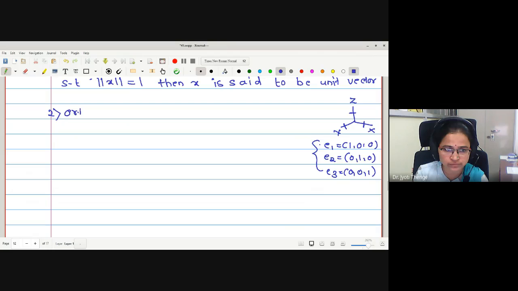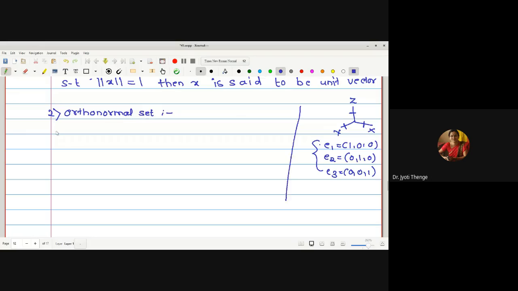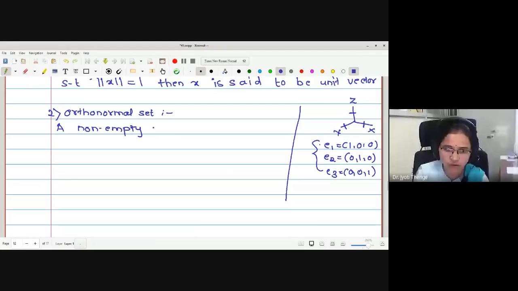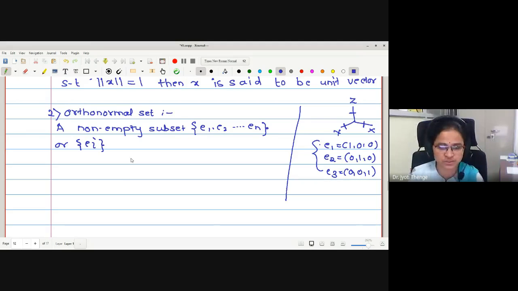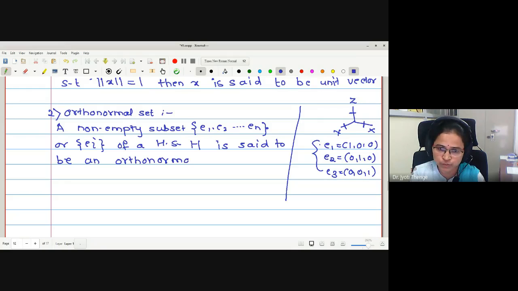A non-empty subset, say E1, E2 up to En, or one can write simply Ei, depending upon the dimension of the corresponding space, of a Hilbert space H is said to be an orthonormal set if, what are the conditions?